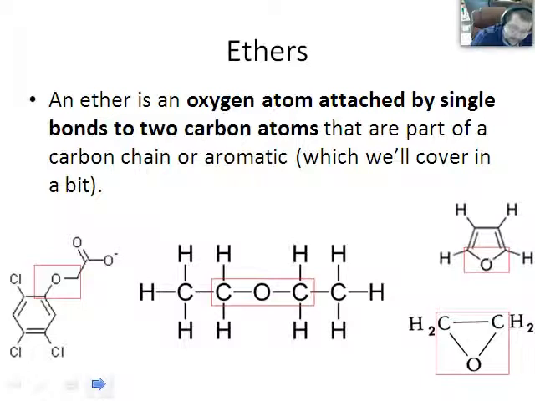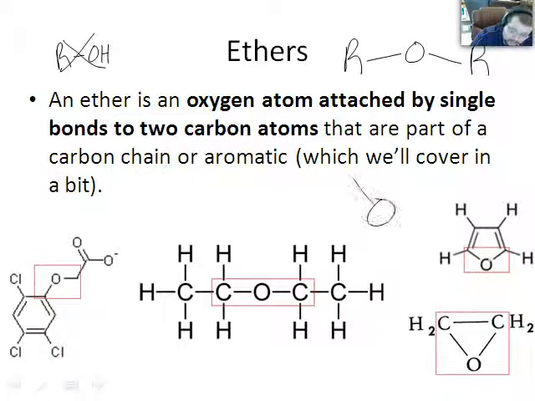Alright, so if alcohols were ROH, then an ether is ROR. It can also be called the ether bunny. We draw on little ears and a nose. We can give them little teeth.